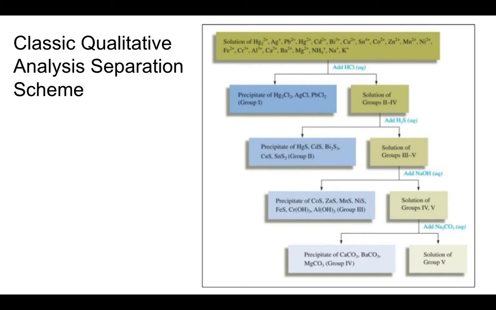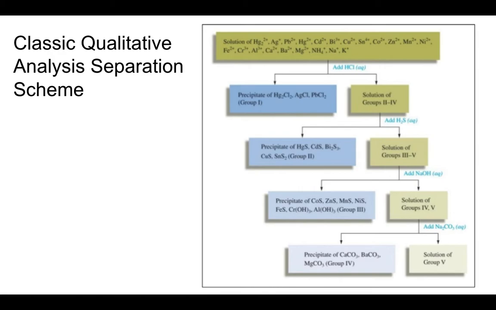Well, that's going to leave you with a supernatant with groups 3, 4, and 5. Maybe there you add the NaOH, and you get precipitates of some of the others that are maybe more soluble at a higher pH with sulfide, and maybe some even that precipitate with hydroxide.